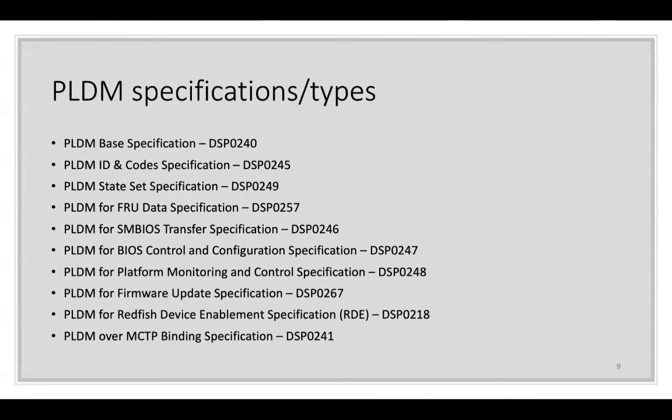And as we saw in the previous slide, there is a spec for FRU data, SMBIOS, BIOS settings, monitoring and control for states and control, firmware update specification, RDE, and the PLDM over MCTP binding. As it is with most DMTF specifications, each of these specifications has a DSP number assigned to it.